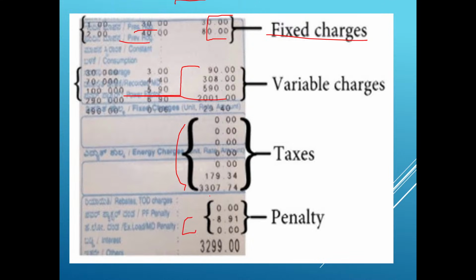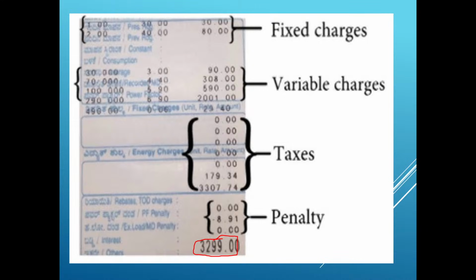In this order they will give us the bill. But usually we won't even look at all these charges. We simply see the total amount that I have to pay. For example, here it is 3,299. This is what we look at, and we pay the electricity bill. We won't bother about the fixed charge, variable charge, taxes, and penalties.